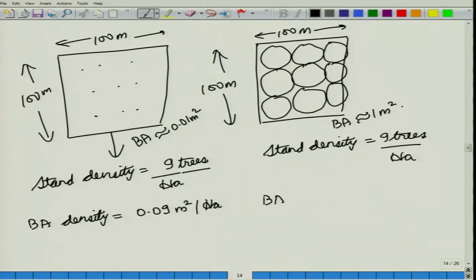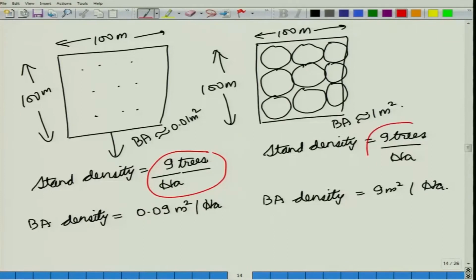But in this case the basal area density is equal to 9 square meters per hectare. So essentially the stand density, 9 trees per hectare here and 9 trees per hectare here, will not be able to tell us the amount of competition in both these stands, because 9 trees per hectare is constant between both.